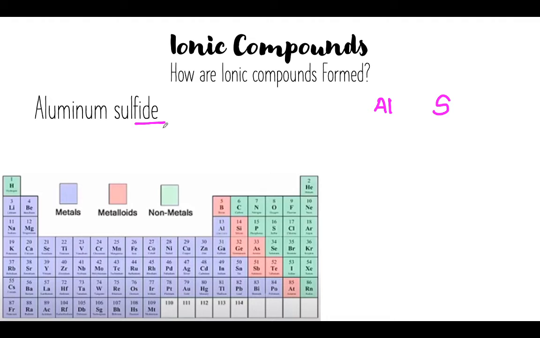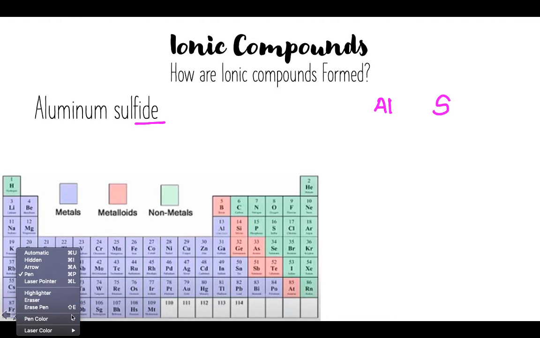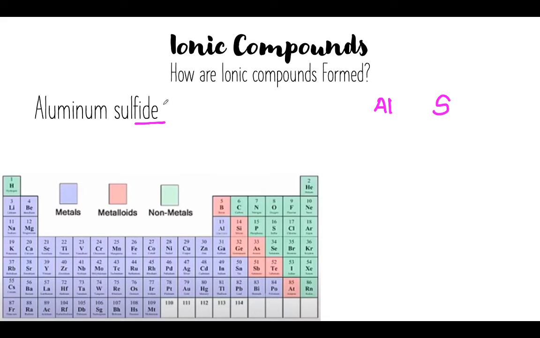Okay, now what we're going to be doing, I'm going to change the color one more time. Green. Now is where we go back to what we learned about the ions that each of these elements form. So all of these will be +1, all of these will be +2, all of these will be +3.